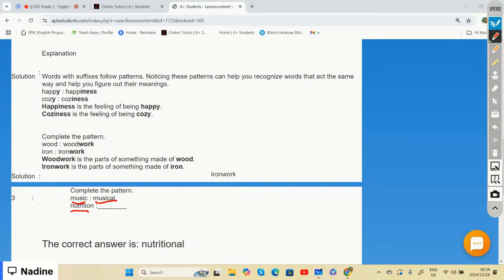All right. Now, remember musical. Music ends with a C, so that is why we have musical. But with musical, all we did was add the suffix al.